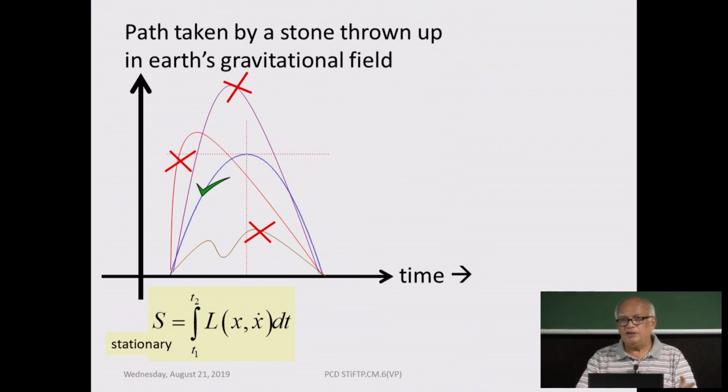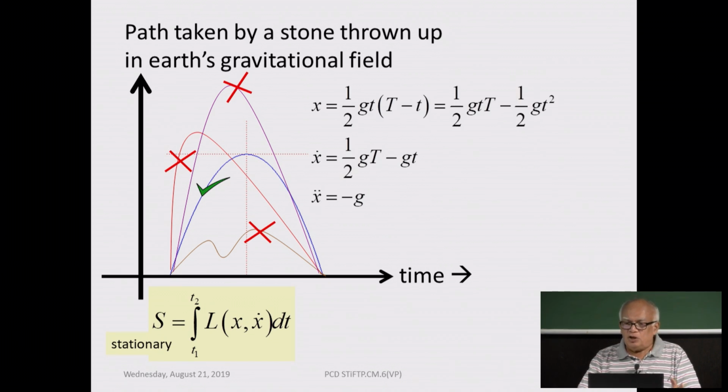All the other trajectories are incorrect. The reason you get this is because the solution to the equation of motion gives you this quadratic dependence on time. That is what makes it a parabola, right? Newton's equation of motion has a solution which turns out to be a parabola because of this quadratic dependence on time, and you get this from the initial position and initial velocity.